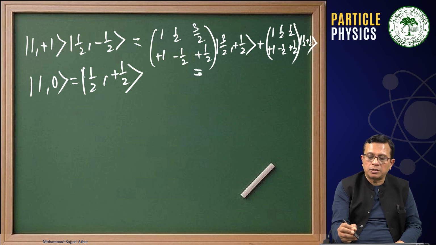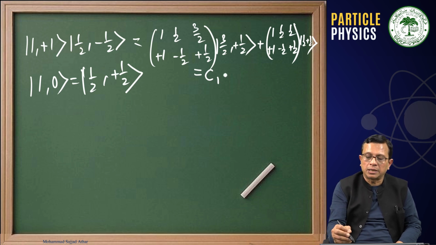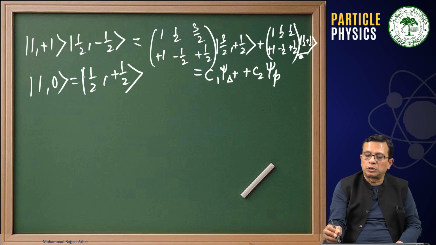And I told you, let us write the Clebsch-Gordan coefficient, which is a real number, as C1, and this represents a delta plus state, plus C2, which represents a proton state.